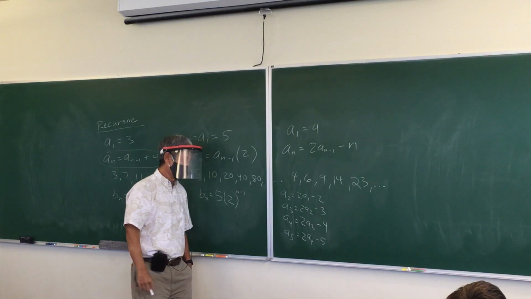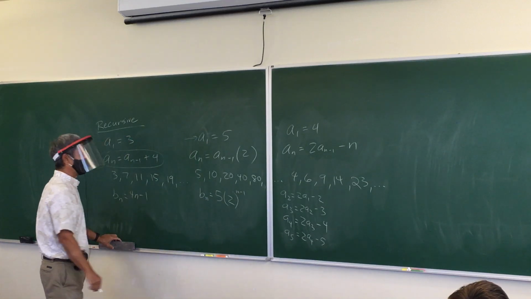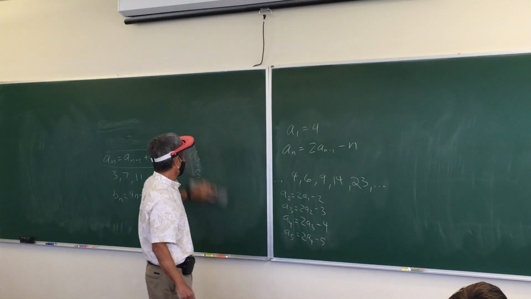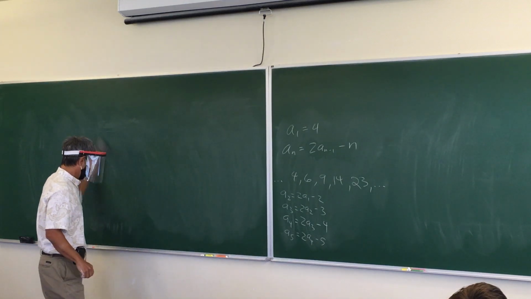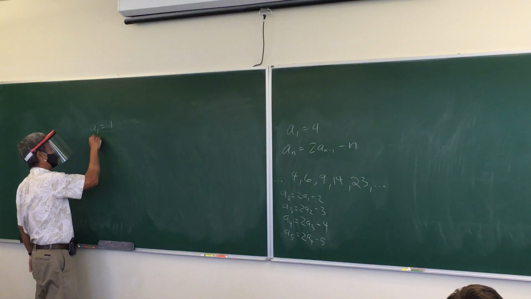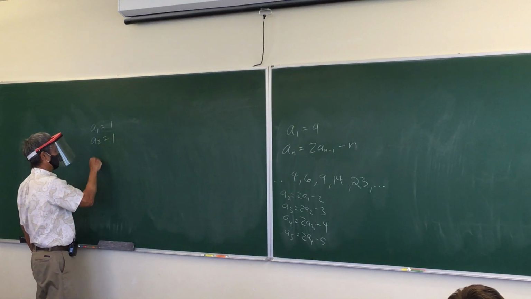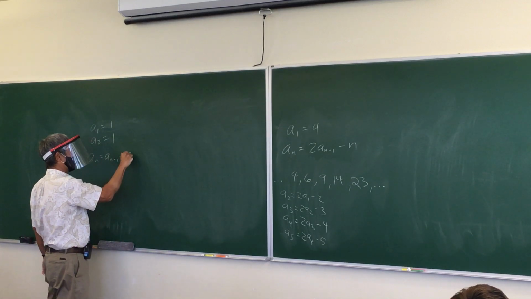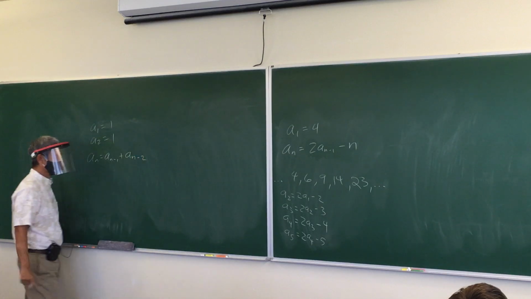And of course, the most famous recursive sequence, you guys have seen this before. A sub 1 equals 1. A sub 2 equals 1. A sub n is equal to a sub n minus 1 plus a sub n minus 2.